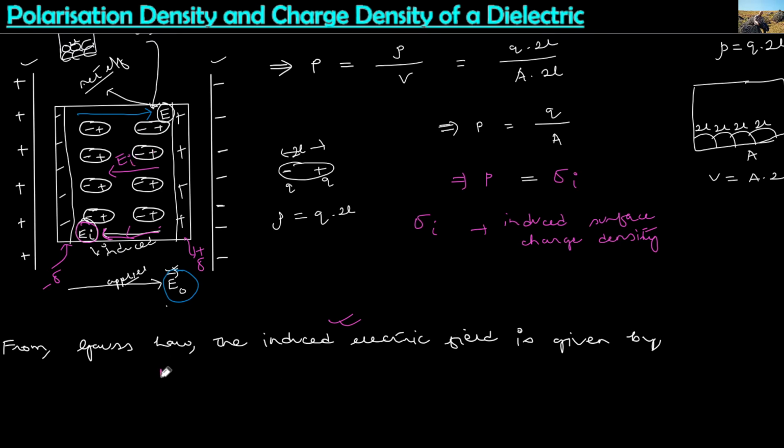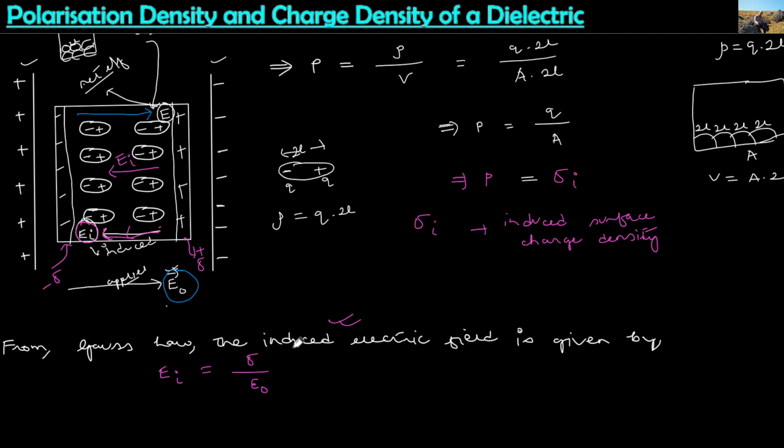So from Gauss's law, it follows that our induced electric field is given by this expression: sigma divided by epsilon. Now the electric field inside a parallel plate capacitor is given by sigma divided by epsilon naught.